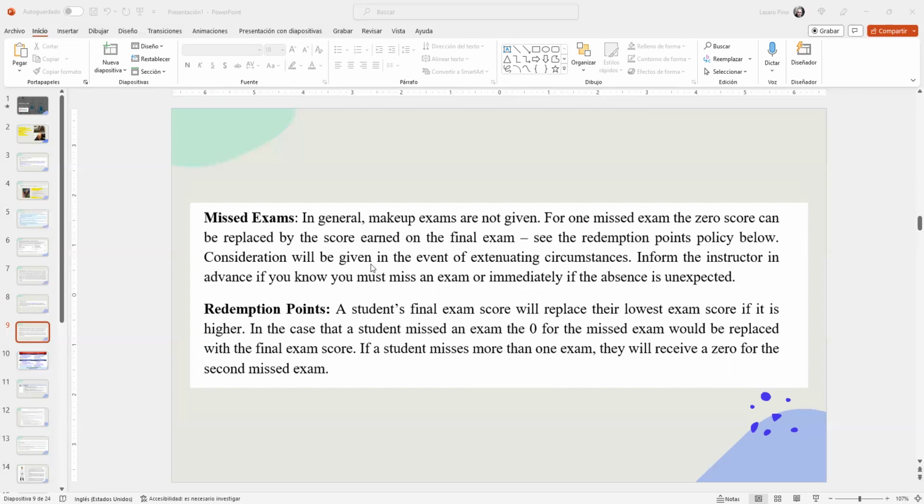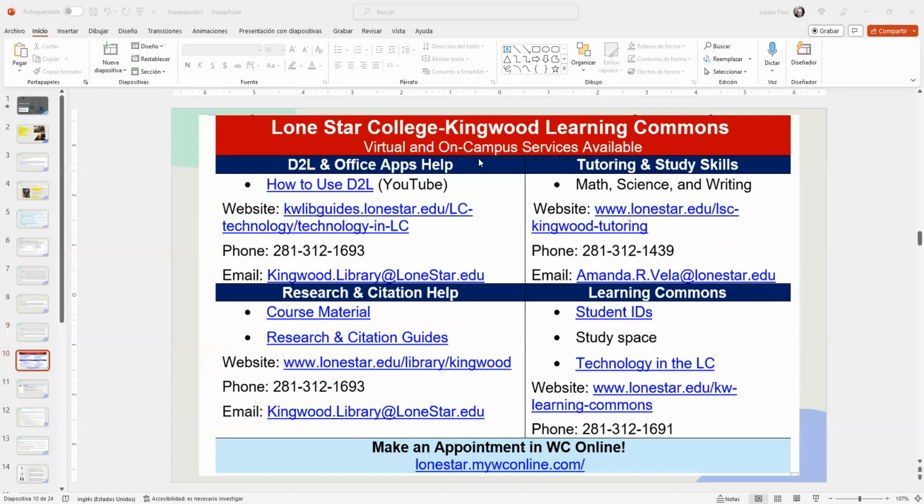I mean, homework, quizzes, lab reports, and it will help you to get a better grade. Here you have very important places that you can use in order to understand or solve some of the problems that you can have during our time here in class.